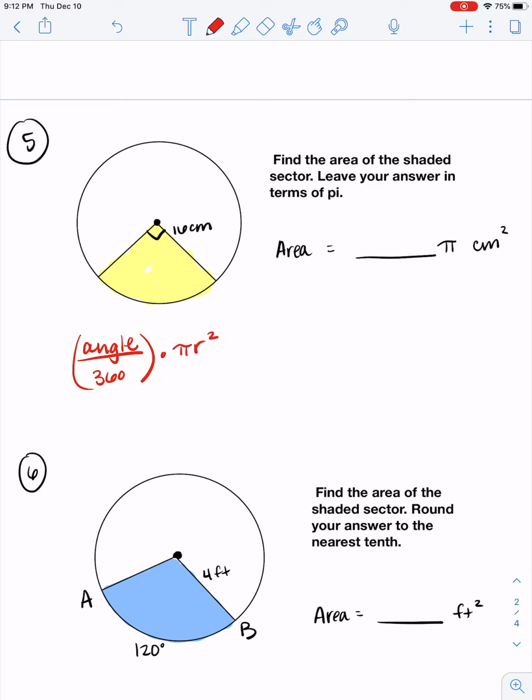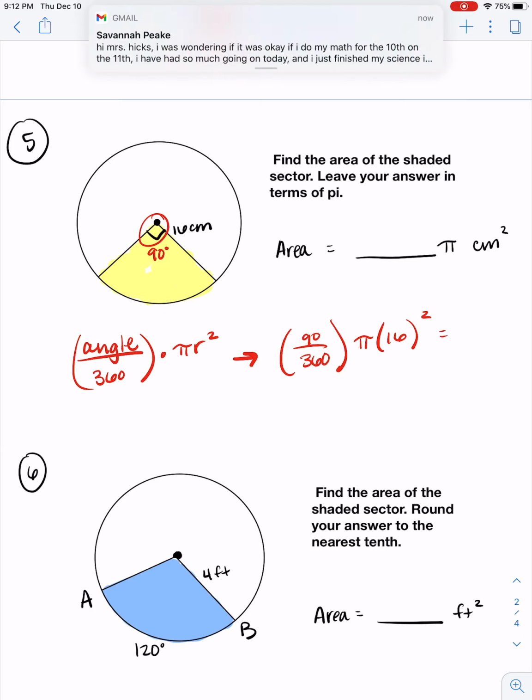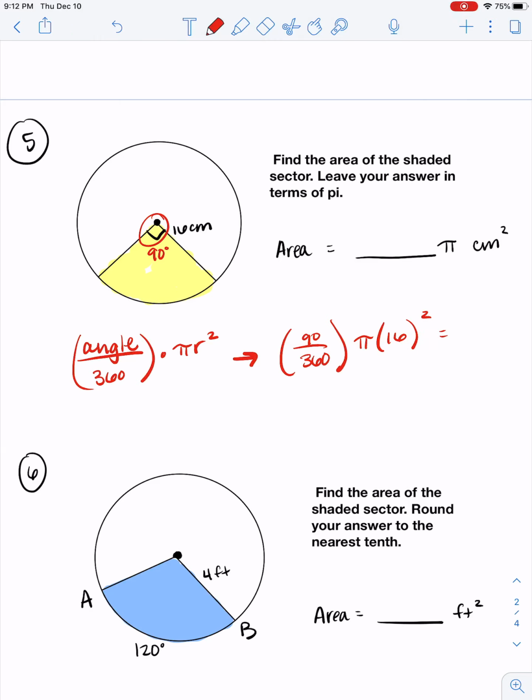Our angle, since it just gives us that little symbol in the middle, that means that our angle is 90 degrees. So we're going to say 90 out of 360 times pi, and then I'm going to fill in r. My radius is 16. It gives me squared. So 90 out of 360 times pi, 16 squared. And it does say leave your answer in terms of pi. So I just leave this alone.